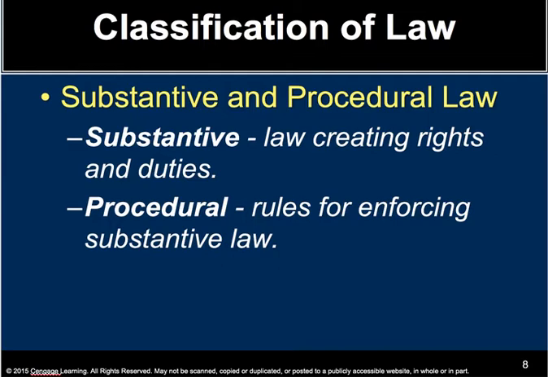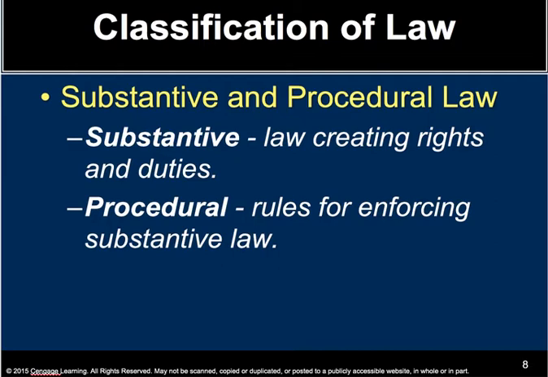We write it out and we have a legally binding contract. We'll talk about contracts later on in the semester, but let's assume that we have a valid contract. You're going to paint my house. I'm going to give you $1,000. The law that governs that relationship, that contract, that's substantive law.